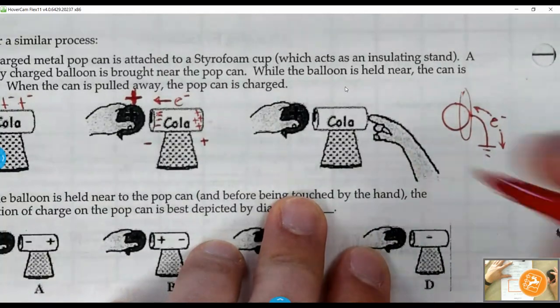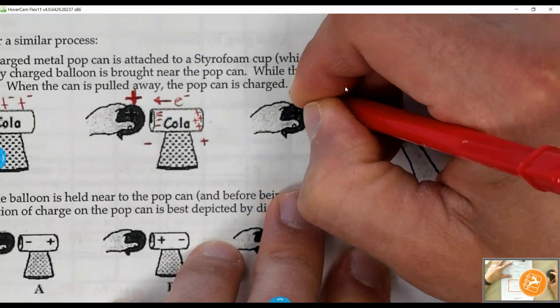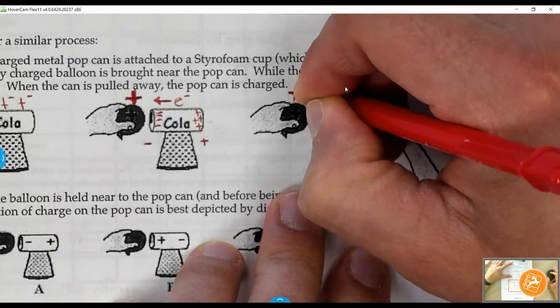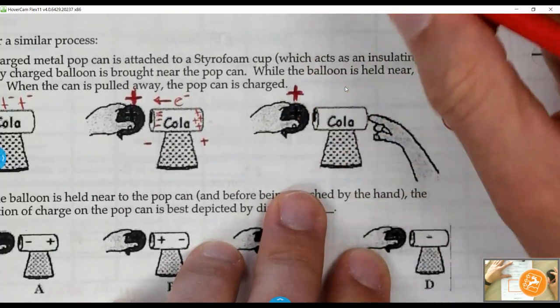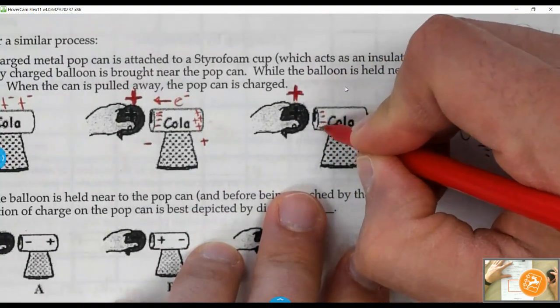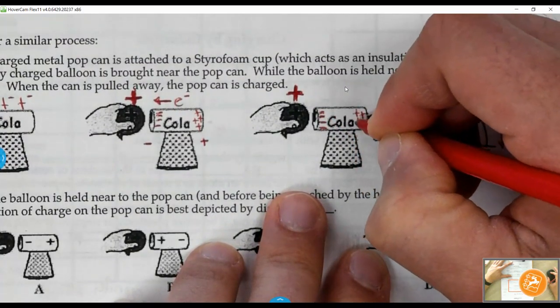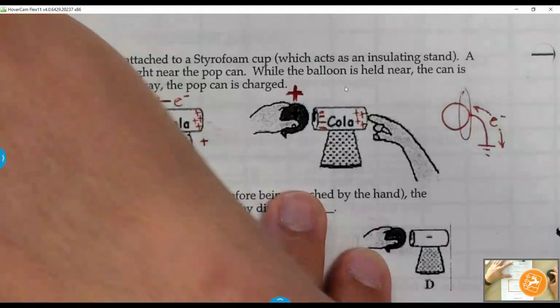All right, so what was the charge on the left side? Well, if the balloon is positive, what do all the negatives want to do? Go closer to it. So this side is negative. What about this side? Positive.